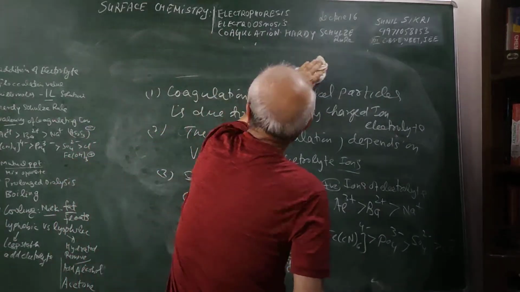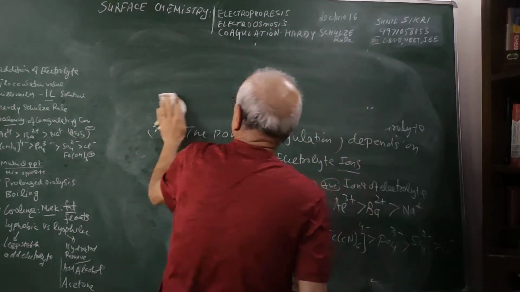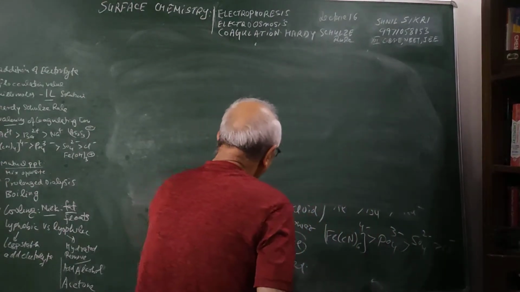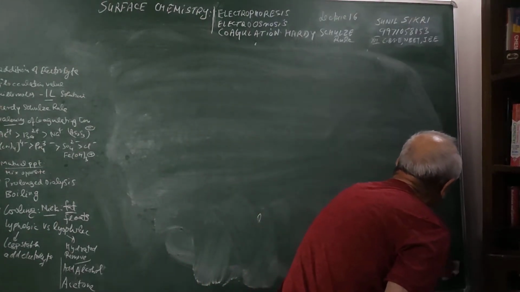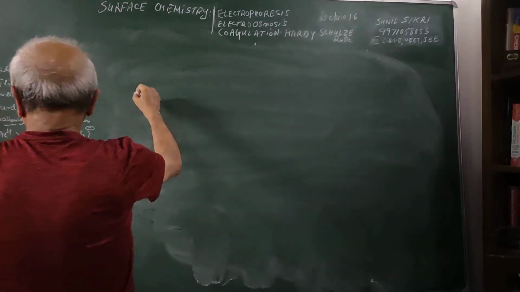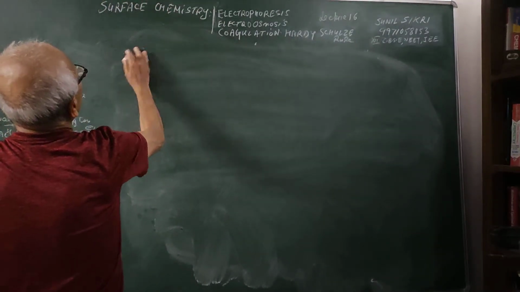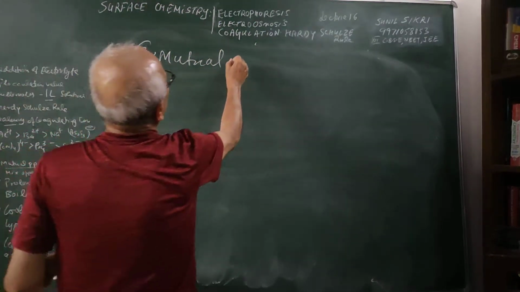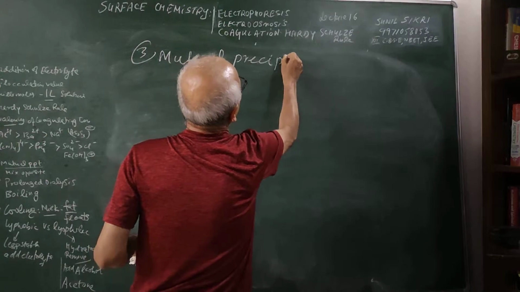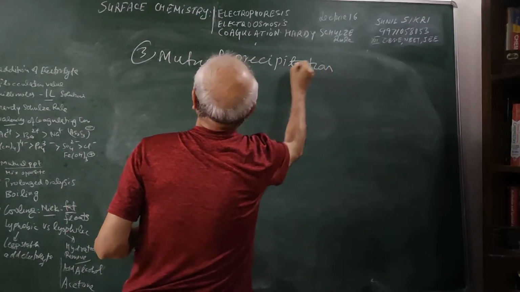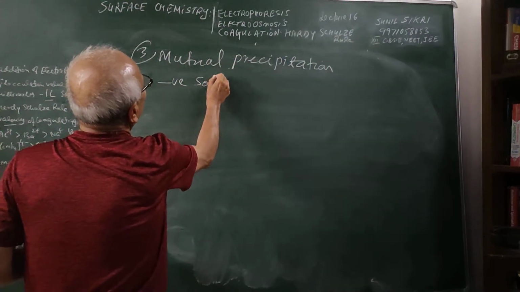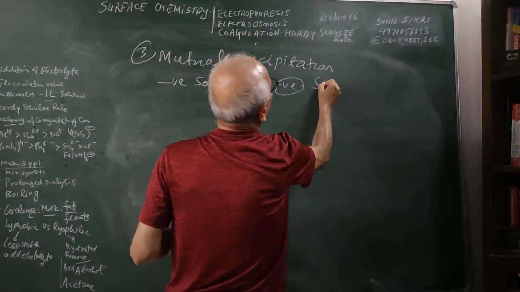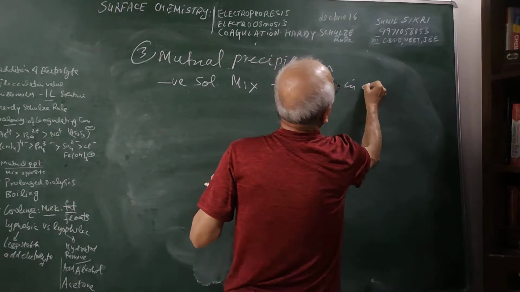Okay, so there are some more methods which we use for coagulation. Let us see what the other methods of coagulation are. The third method is mutual precipitation. What it means is that if I have a negative sol, I mix a positive sol in appropriate proportions.